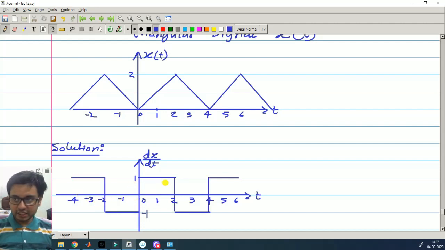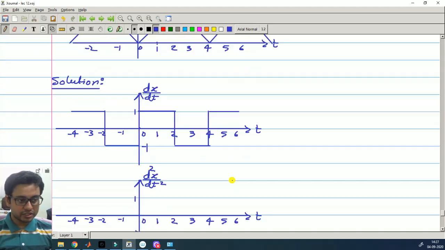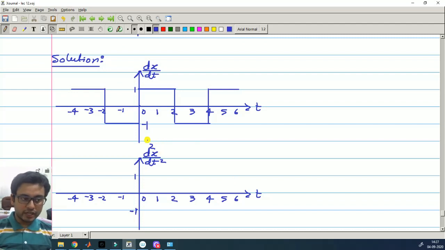Now this is a square wave, and we know already how to find the Fourier coefficients for such a square wave, but this time we will do it differently. We will calculate the time derivative of this signal first. So we will calculate the second derivative of x, and as you can see here the signal is constant, so the derivative will be 0.